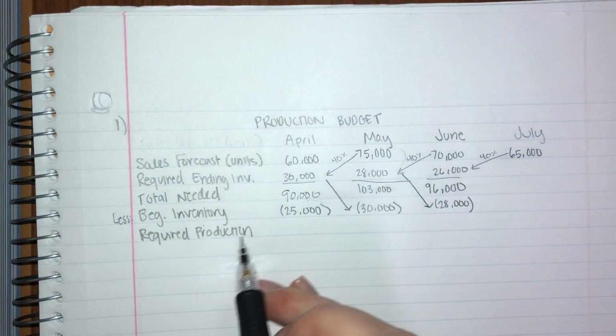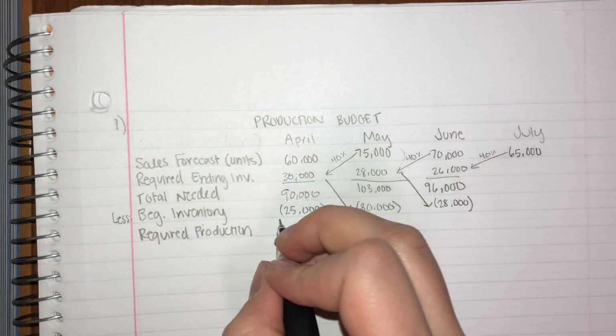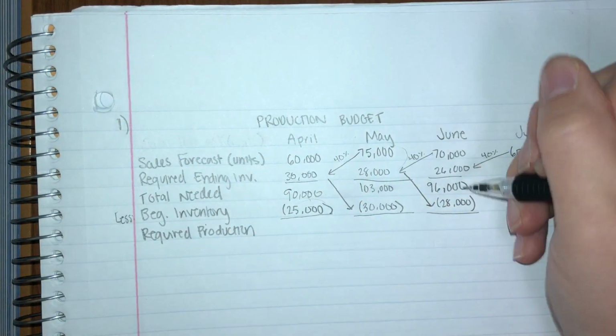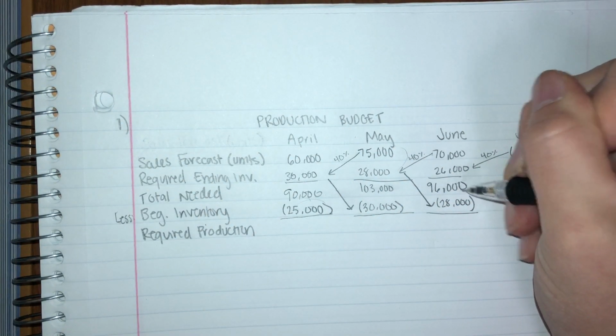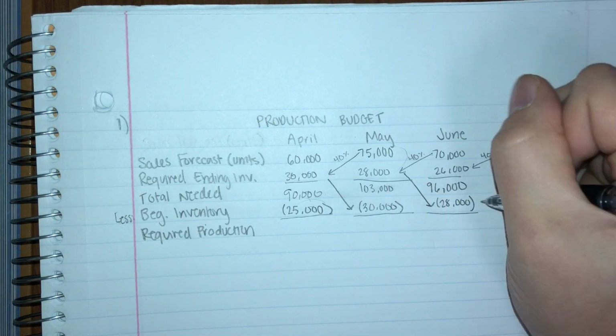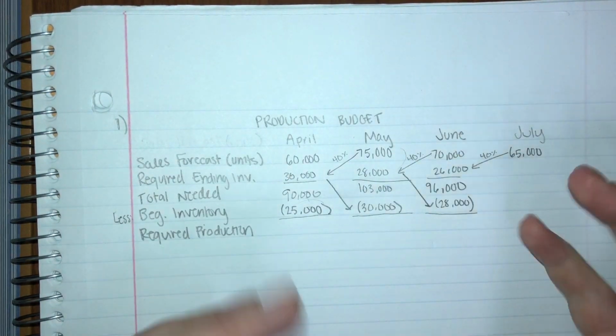Okay, so now I want to know what my total required production is. So what would I have to do? I would just take the beginning inventory away from the total needed. These parentheses kind of do that, but that just gives us a reference.